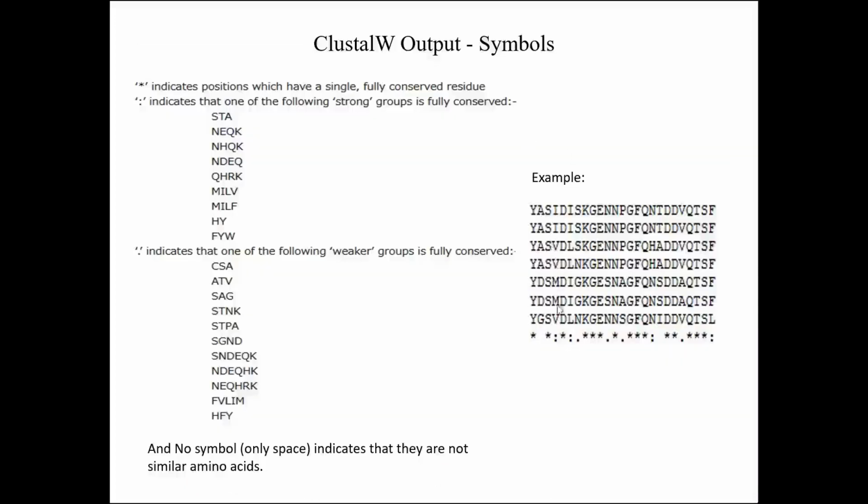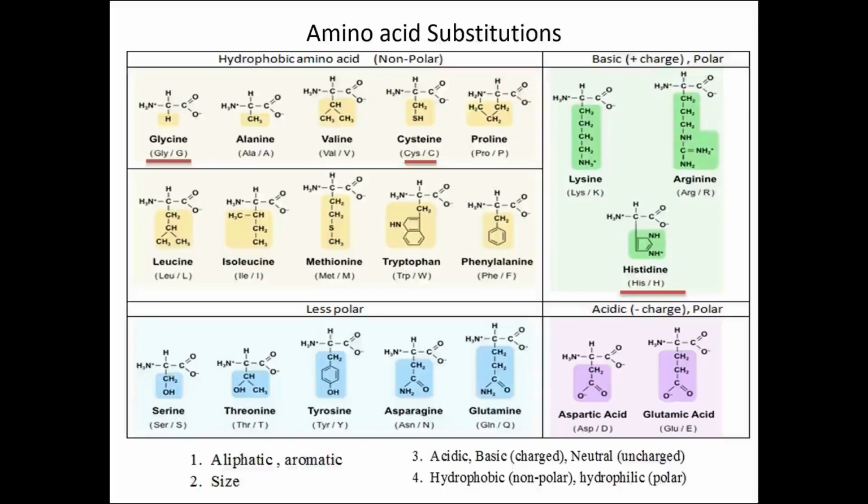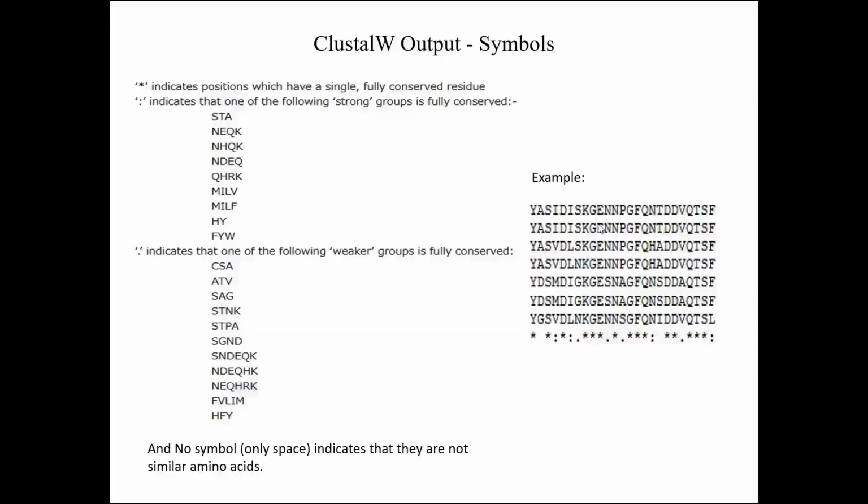When you see here V, I and M, all these three are hydrophobic amino acids, neutral amino acids, and they are aliphatic amino acids. So they are marked with double dot, highly similar amino acids.